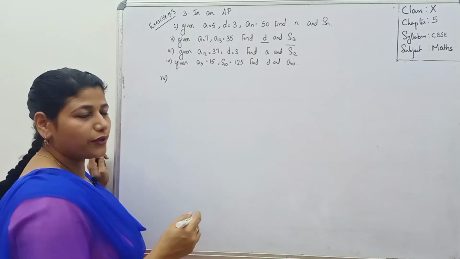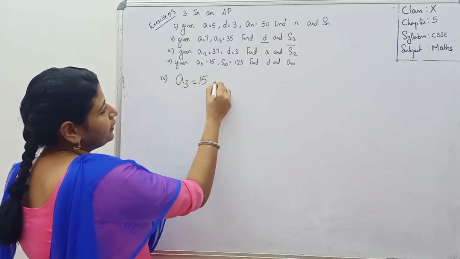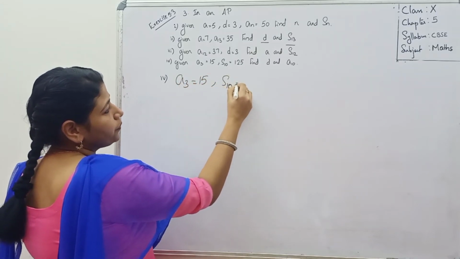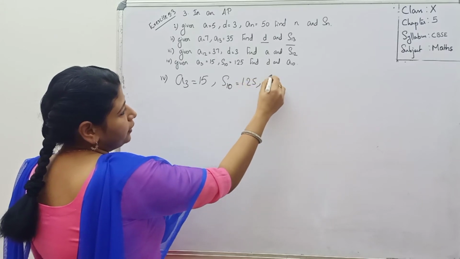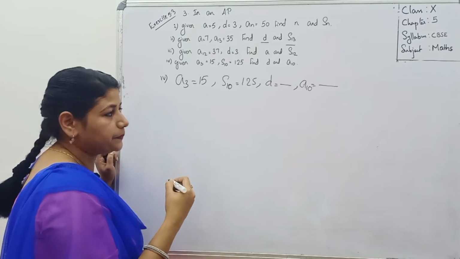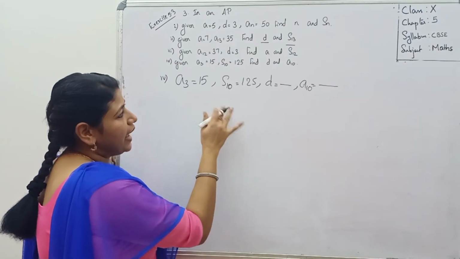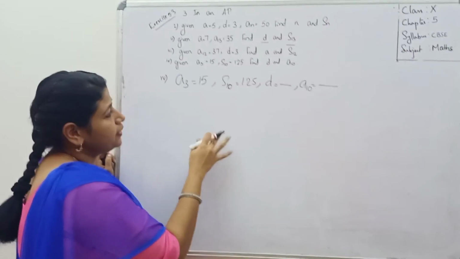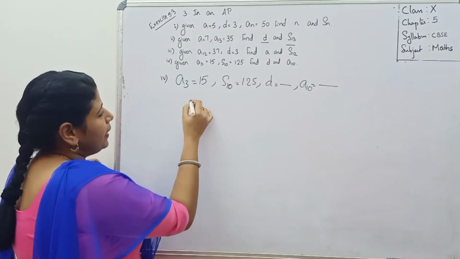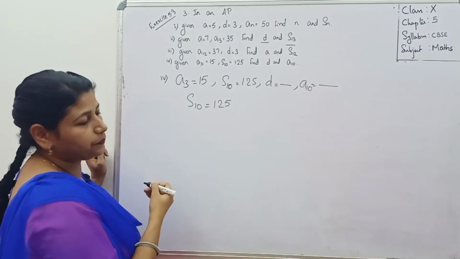Okay. Fourth question. A3 equal to 15. S10 equal to 125. d and A10 we have to find out. Okay. So from the given condition we have to find out the terms. S10 is what is given, isn't it? So we can write S10 equal to 125. Okay.